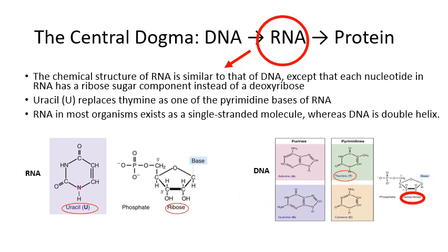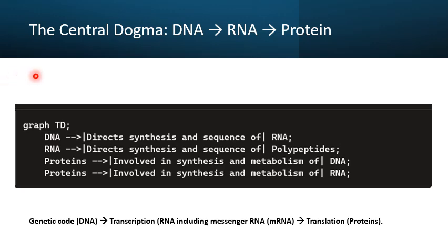So simply, the process is that there is a genetic code on the DNA, and that needs transcription through what we call messenger RNA, or mRNA.